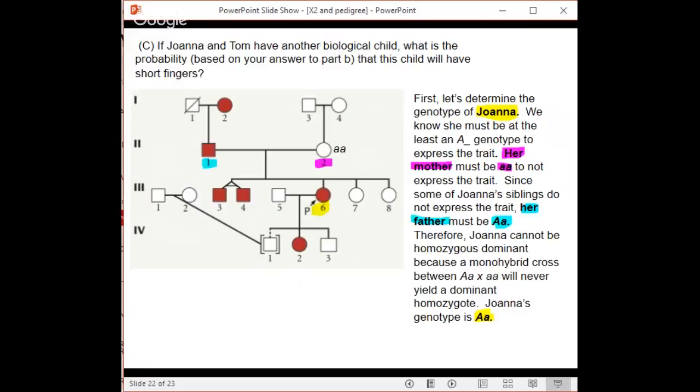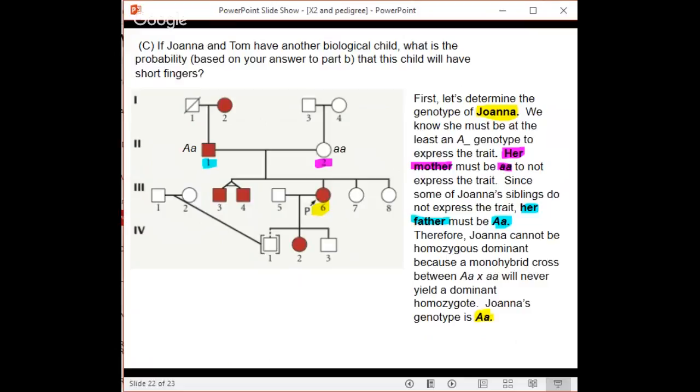And here's her father. So how can we figure out her father's genotype to determine her genotype? Since some of her siblings do not express the trait, her father has to be heterozygous. All of the offspring from her father would be affected by the condition if he was a homozygous dominant, because that's the only allele he could provide.